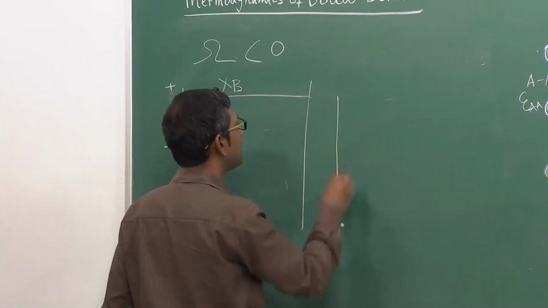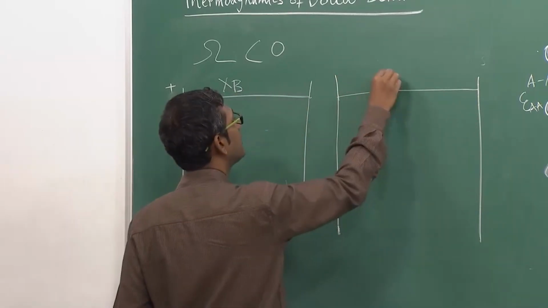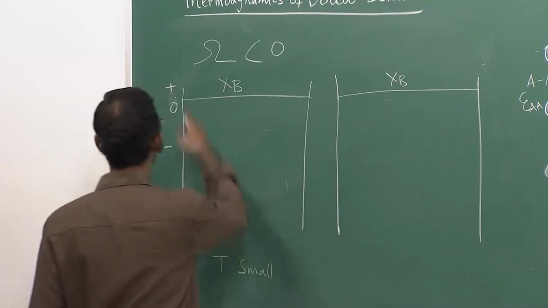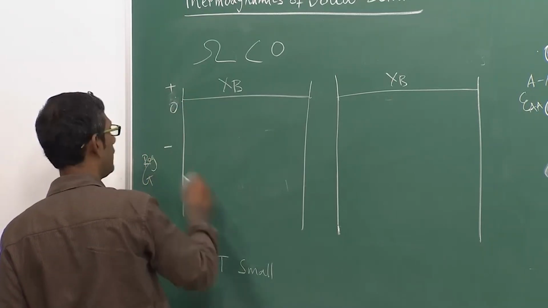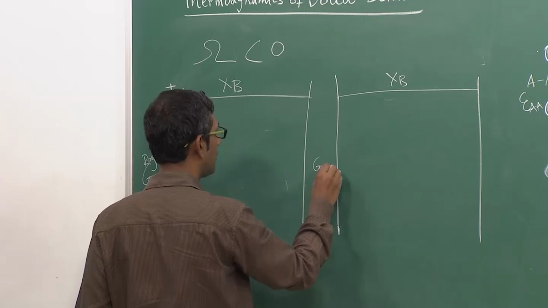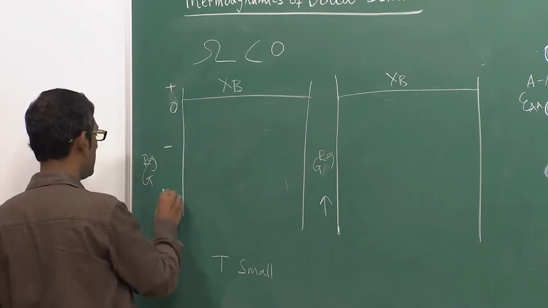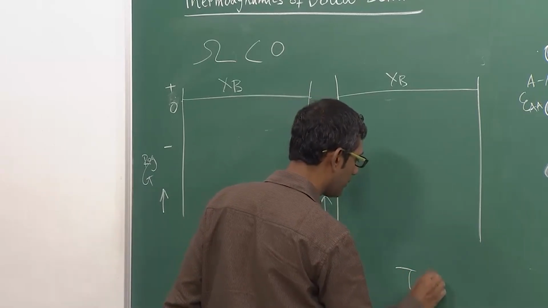And here I am going to plot again the same thing, G. Remember, the vertical axis is G for the regular solution as a function of xB when T is high.